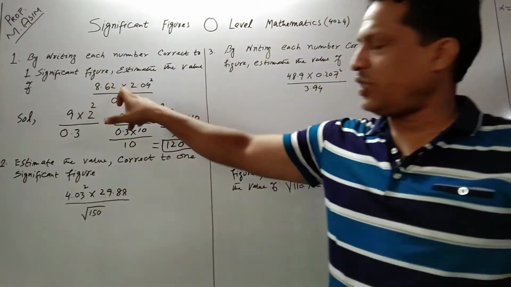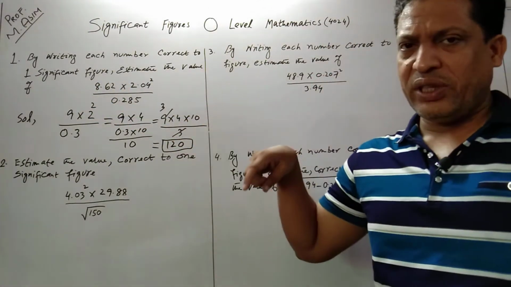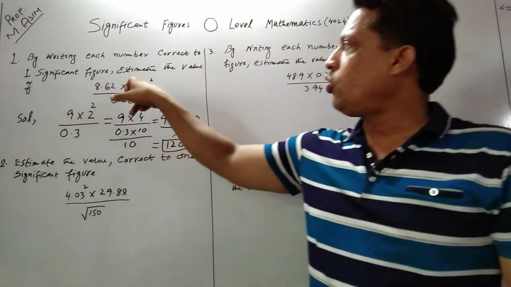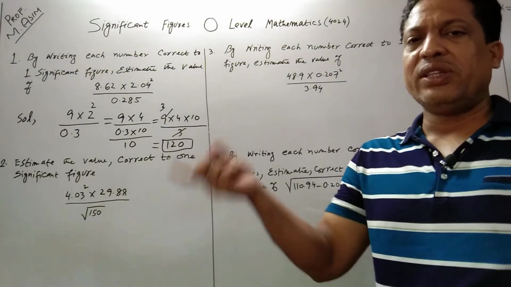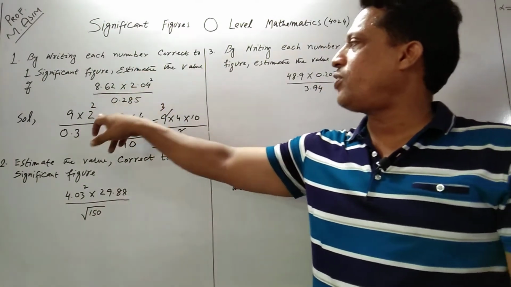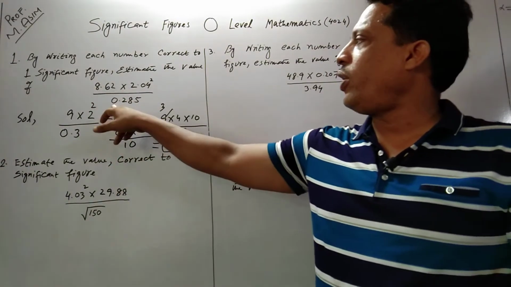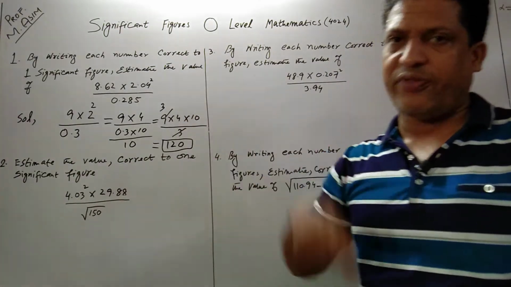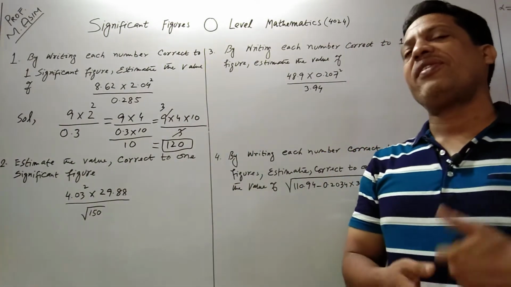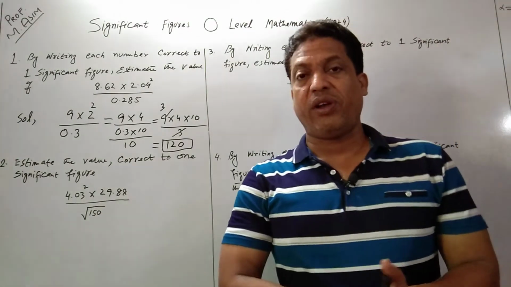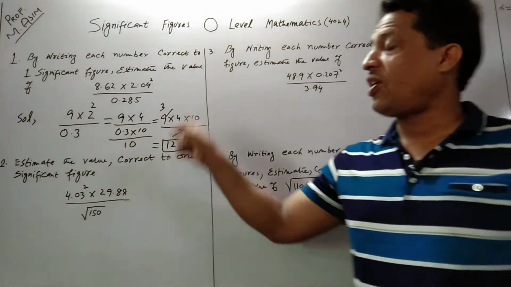So 8.62 converted into one significant figure, because this is the requirement of the question, is 9. 2.04 converted into one significant figure is 2. So 2.04 squared becomes 2 squared upon 0.285 converted into 0.3, because we should round off as well. Whenever we write a number correct to some significant figures, we should round off as well.